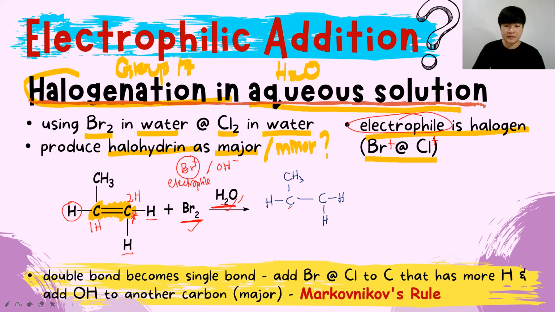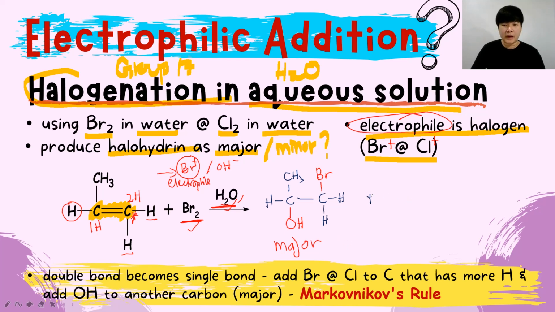A new friend is added to each carbon that held the double bond. Your electrophile right now is Br positive, so you will be adding the Br electrophile to the carbon that has more hydrogen, and the OH minus will be added to the other one, vice versa. And this will be your major product, halohydrin.